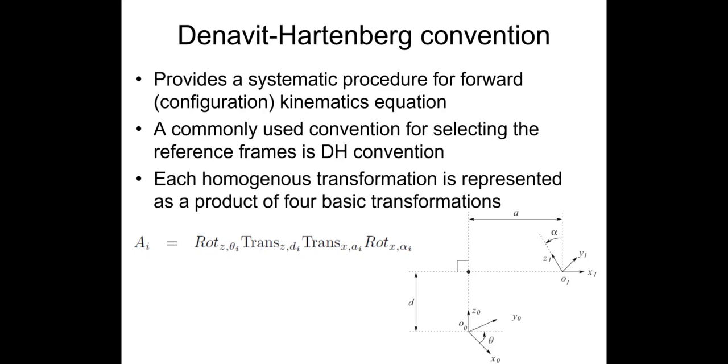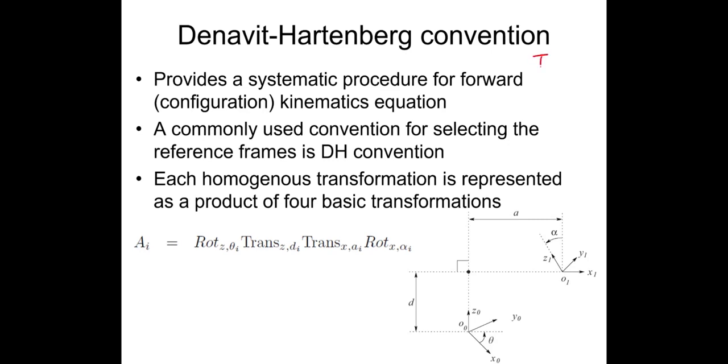The convention defines 4 parameters for each pair of frames, and then we can finally do the analysis of the final frame of the end effector with reference to the base, which is the world coordinates. That is the final goal we want to achieve, right?